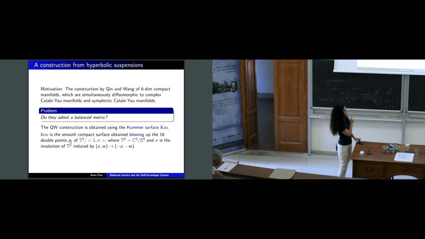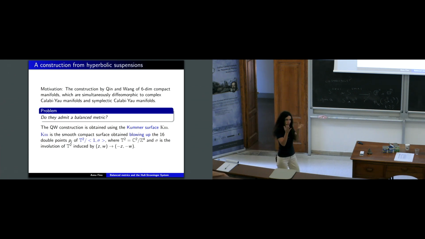Okay, but let's see the construction. This is the construction that we found recently with Grantcharov and Verbitsky. I will present it in a simple way, but it can be generalized a little bit more. The idea comes from a previous construction by Quinn and Wang. They describe some 6-dimensional compact manifolds which are at the same time diffeomorphic to, let's say, complex Calabi-Yau.